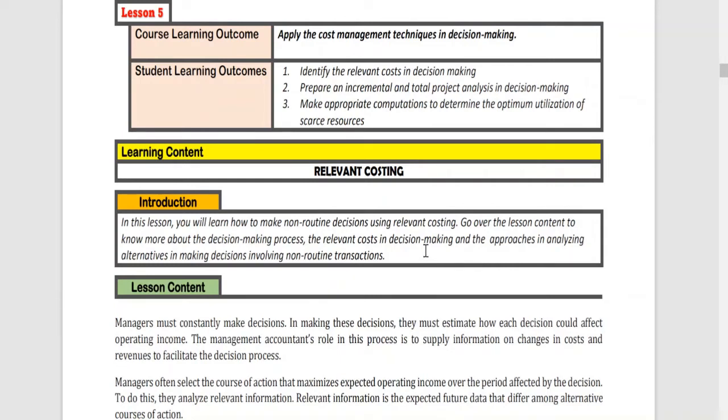At the end of this lesson, the student should be able to identify the relevant costs in decision making, prepare an incremental and total project analysis in decision making, and make appropriate computations to determine the optimum utilization of scarce resources. Now let's go to the lesson content.